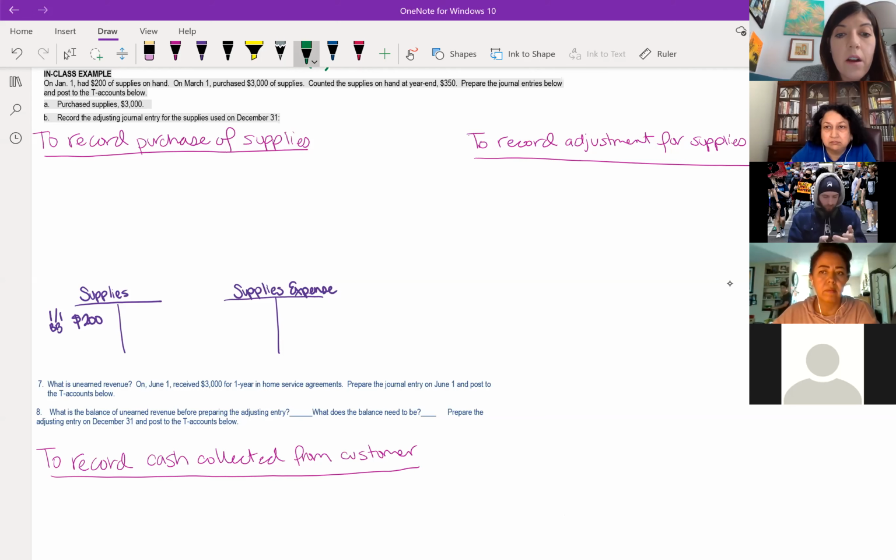So you're not just going to be looking at it for 1 month, but it may be several months that you're adjusting it for. So let's start on the first one, and then I'll let you guys go for the day. But I want you guys to get started on it because these ones you want to practice. You need to practice adjusting entries.